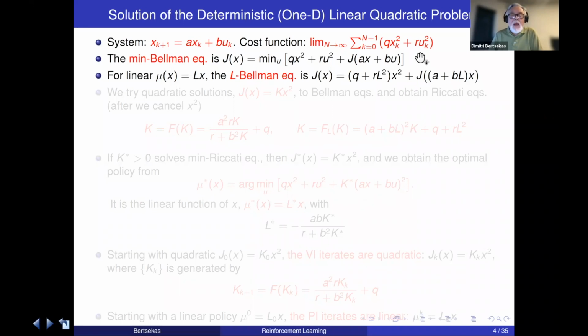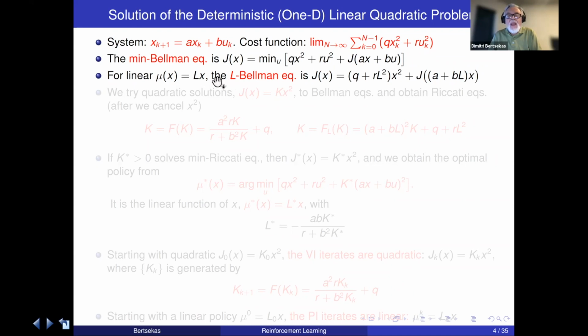Now there's also another Bellman equation corresponding to a linear policy. Mu of x equals L x, linear in the state. L is the linear policy coefficient. And now this equation has this form. And it's simpler than this because it does not involve minimization. It is like the Bellman equation for a fictitious problem where the only control available at state x would be just Lx.